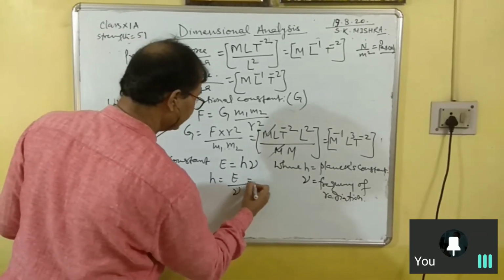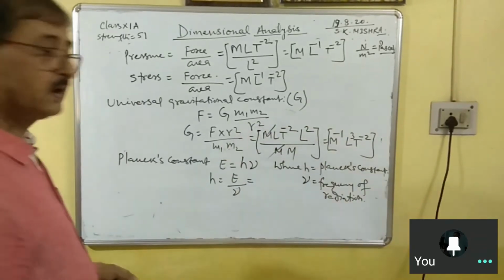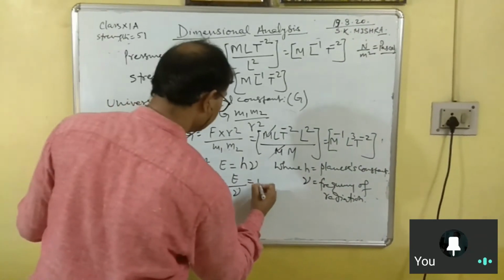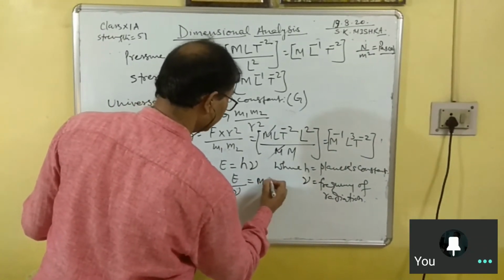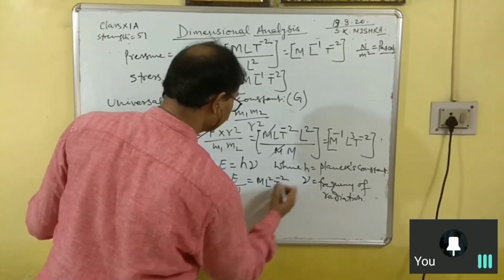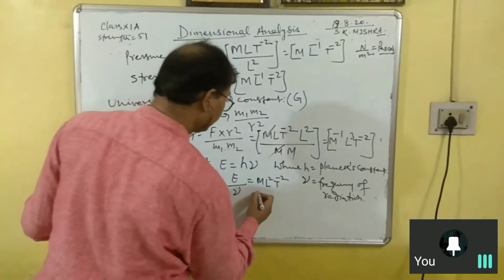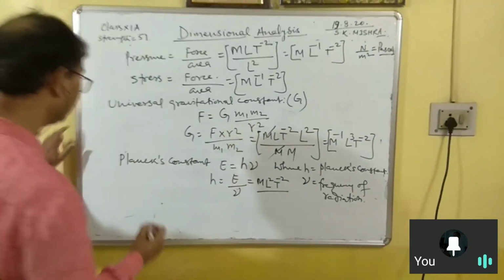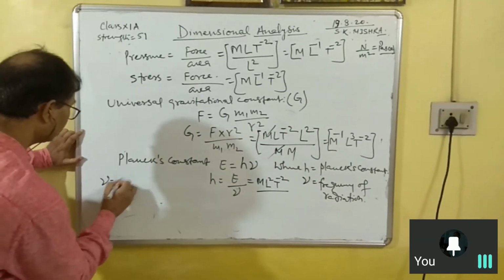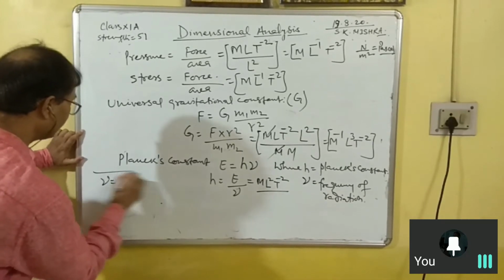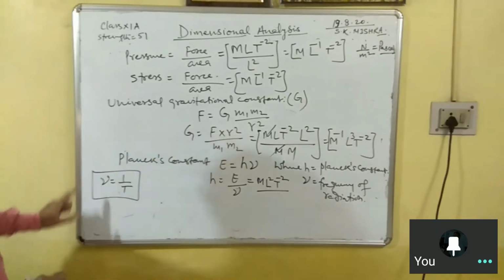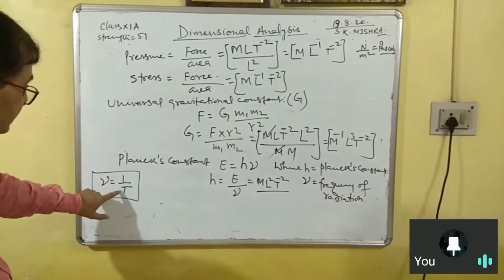Any energy is work done, and work done has the dimension you have already written, M L^2 T^-2. This is the dimensional formula of energy, divided by frequency. Frequency is the reciprocal of time period, so the dimension of frequency is T^-1.